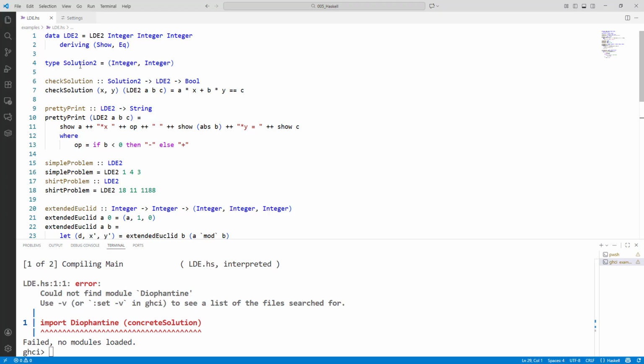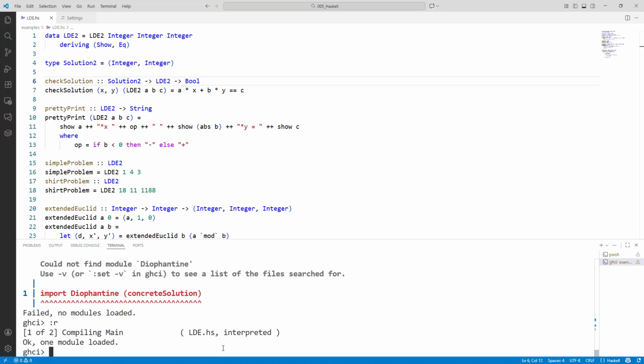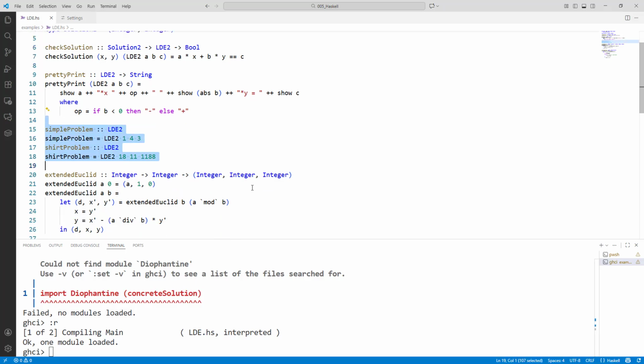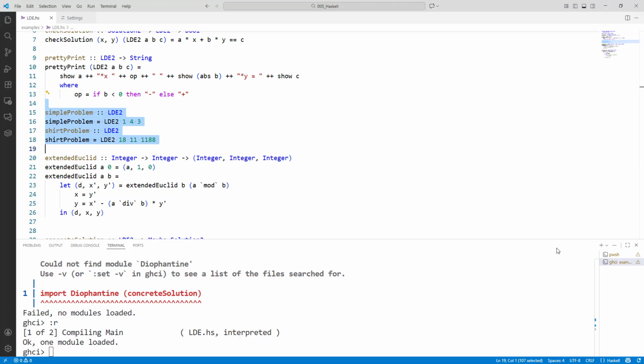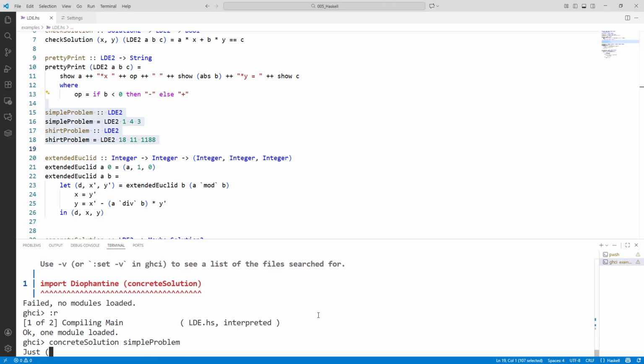Okay, I got it once before when we made a solution, the error. This is how it happened. Okay, reload, everything works. And now let's try to see, okay. We have the simple problem already defined here and the short problem already defined. And let's try to see the concrete solution of the simple problem without passing anything.